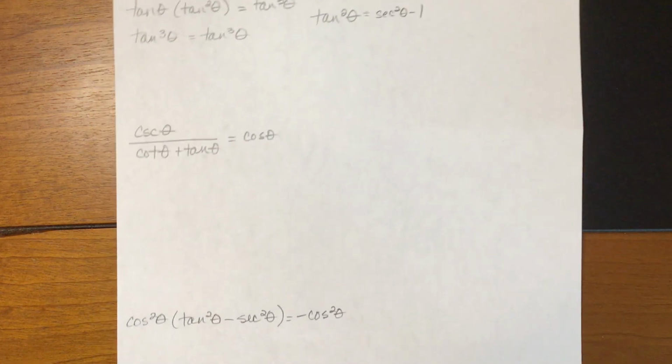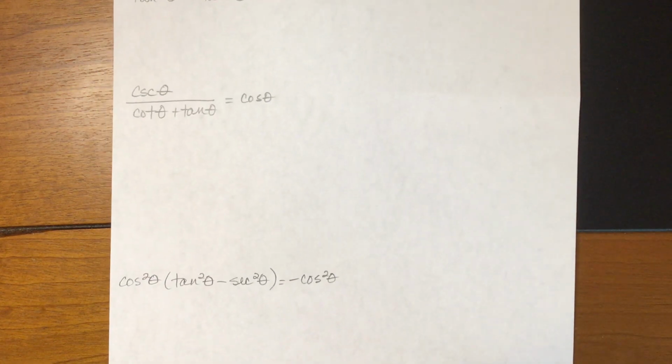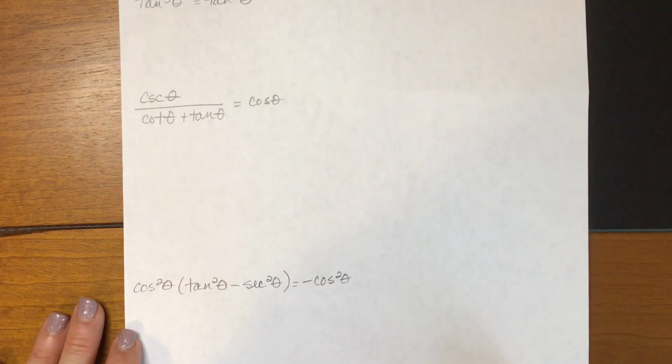All right, here's identity number 2. And so again, if you want to pause this video and try verifying it on your own and then come back and watch, that's a great idea as well. But I'm going to tell you that I'm going to start with my first strategy of changing everything into cosine and sine, and then I'm going to find a common denominator for this.